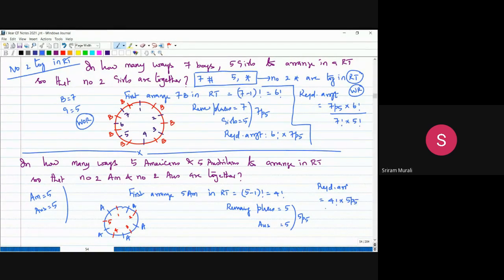If there is a repetition, I will divide by the respective repetition. Here it is not possible. Have you all understood this? Yes, sir. And why, sir, no repetition? All 5 Americans do not differ by their height, weight, name, etc. Okay, sir.